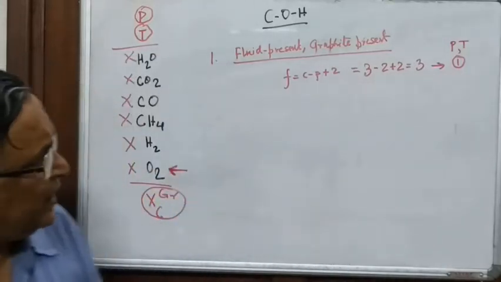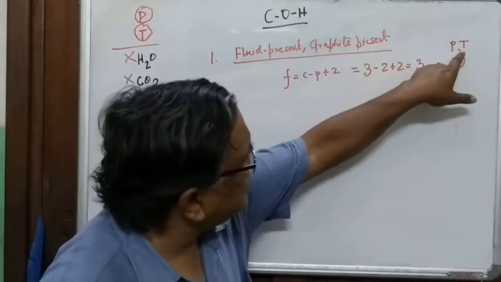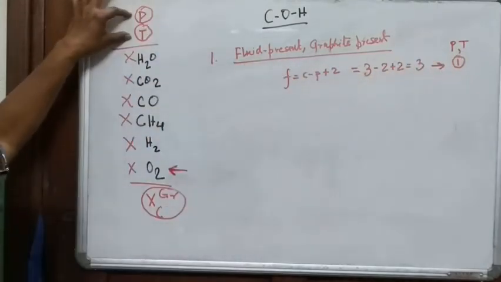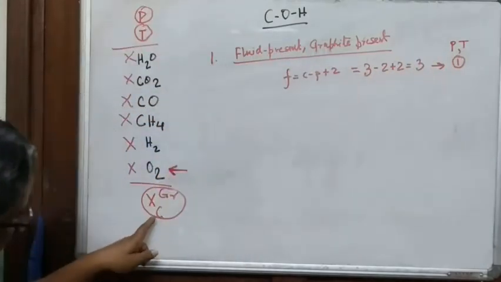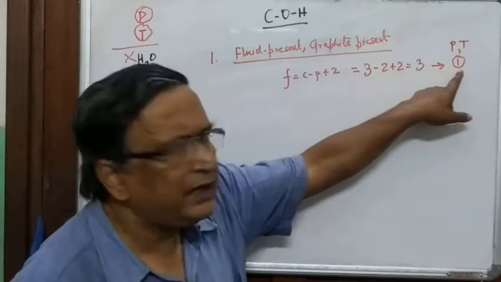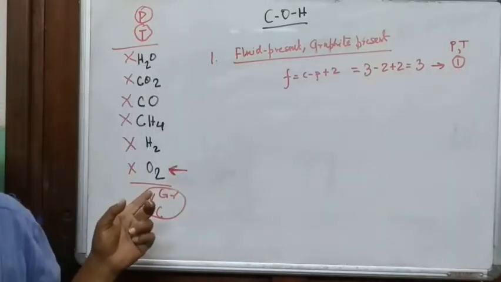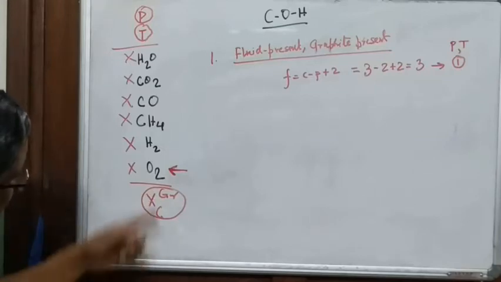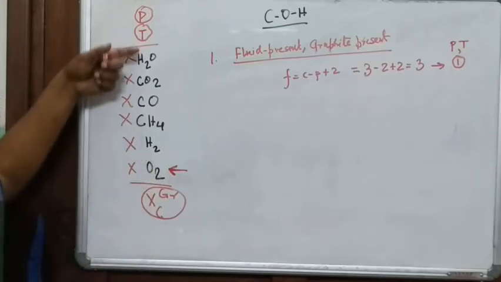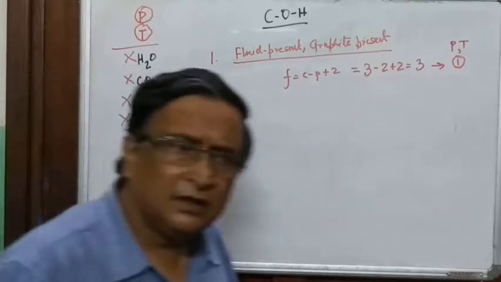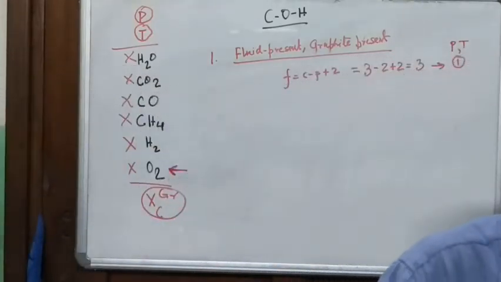How can this be? The Gibbs phase rule says at a constant pressure and temperature, for the graphite-present situation, one input variable is needed, and I say, okay, let my variable be XO2, and I'm left with 5 variables. How is it possible to have 5 variables?